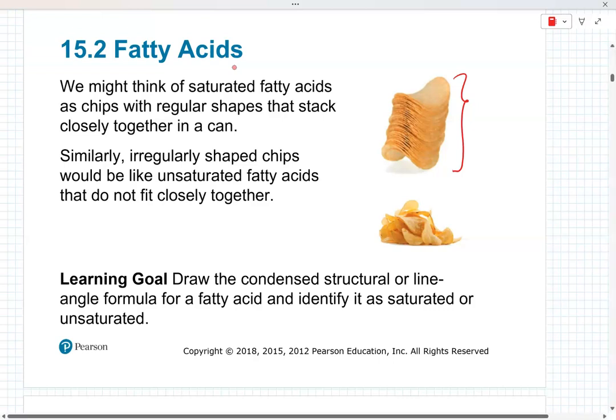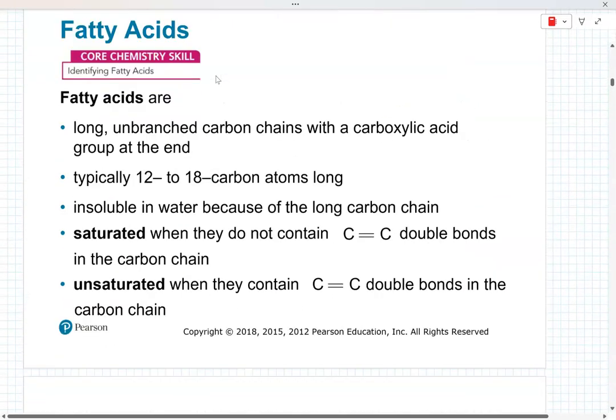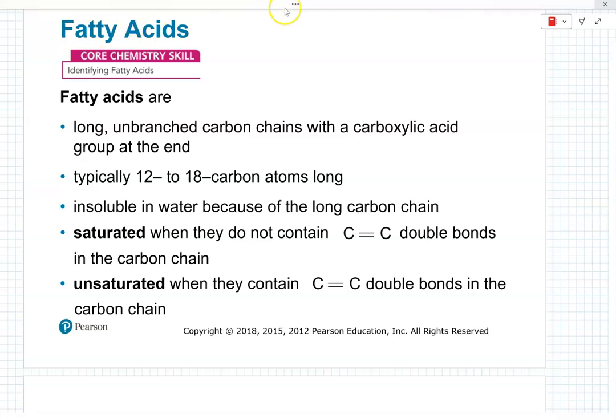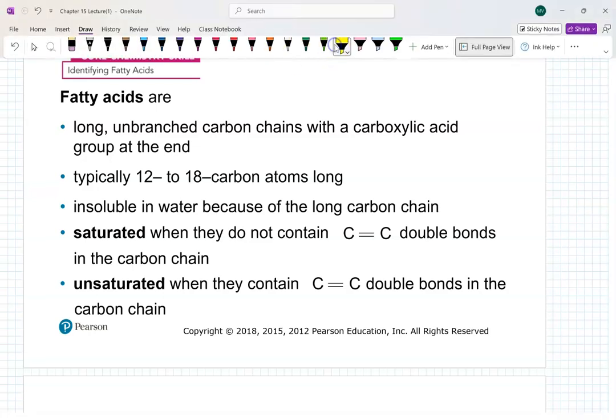Well, unsaturated fatty acids tend to not stack, and they should remind you more of like Lay's or Doritos, chips that don't have such a fantastic similarity in terms of the shape. Okay, that makes sense?